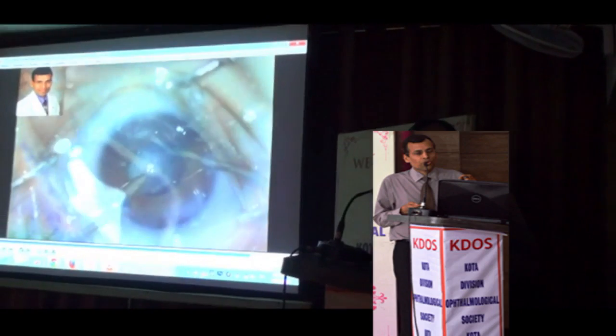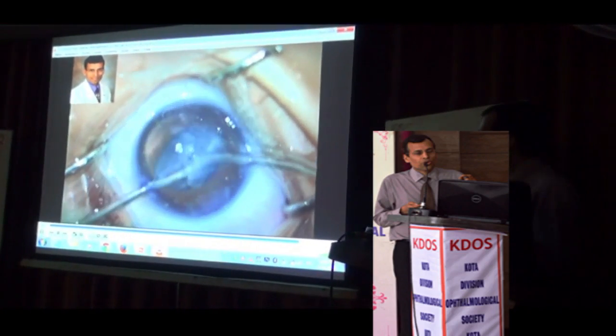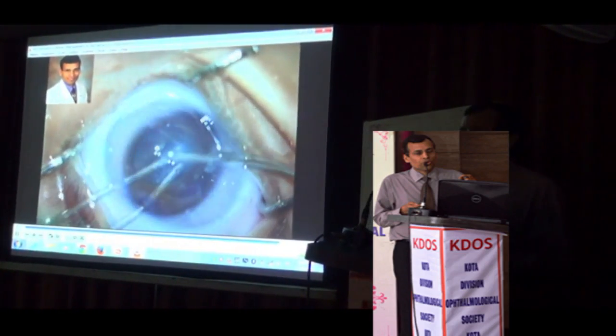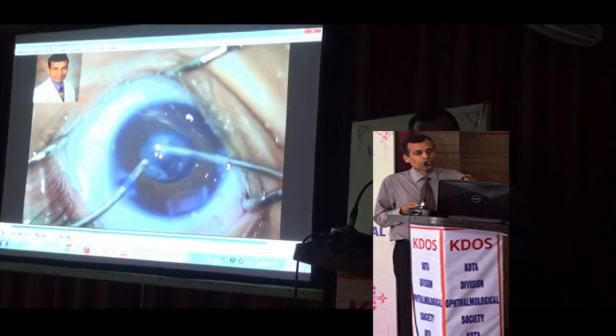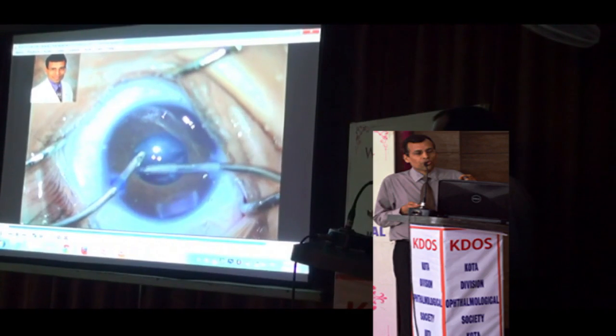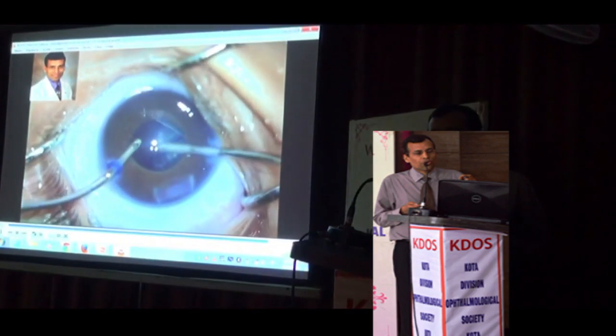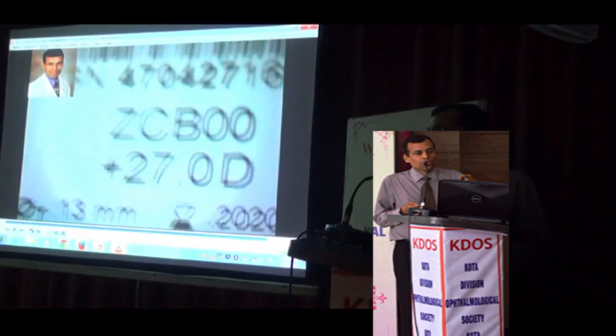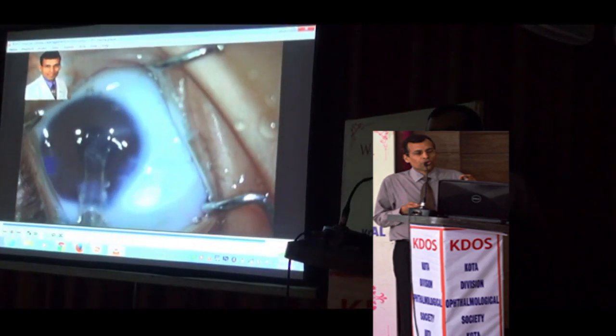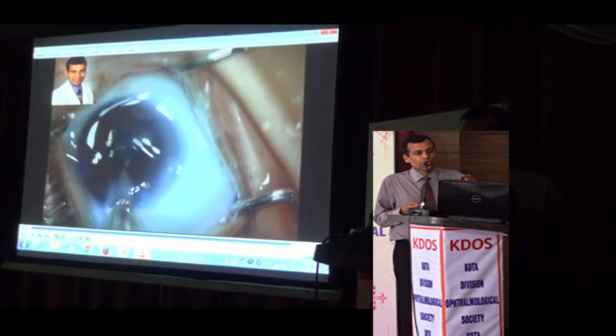Once you achieve a good capsulorhexis, then you can remove the lens matter with bimanual irrigation aspiration, and after removal of the lens matter, you can implant the lens, and you can do the posterior capsulotomy and the anterior vitrectomy to achieve a long-term clear visual axis.